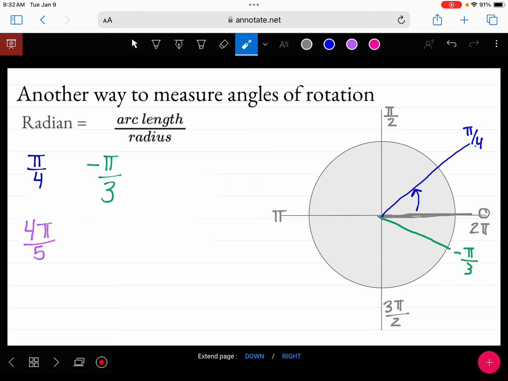Is it going to be past pi or not quite to pi? Not quite to pi, because it's 4/5. So it's going to be just a smidge less than pi. I have that in that kind of lilac color. You can think about it as dividing this whole thing in 5, but 5 is one of those super awkward fractions to eyeball. So we're just going to put it here. So this is going to be 4 pi over 5.